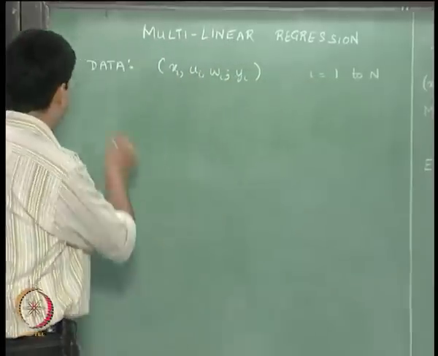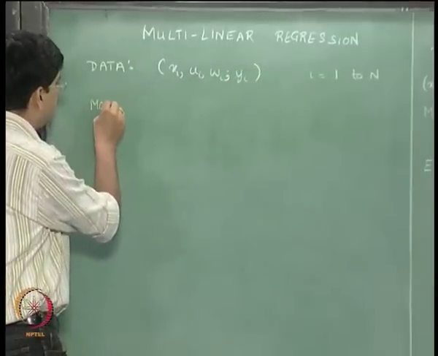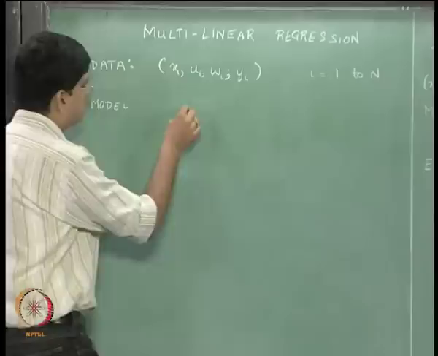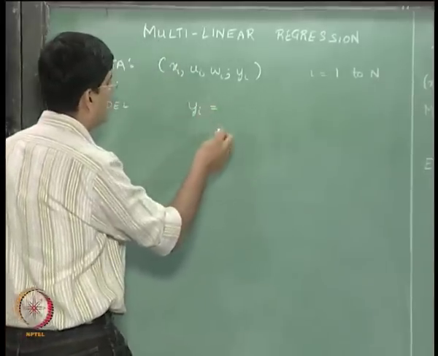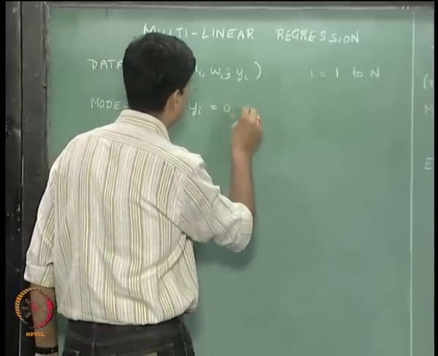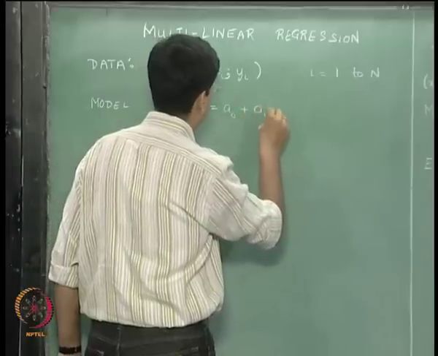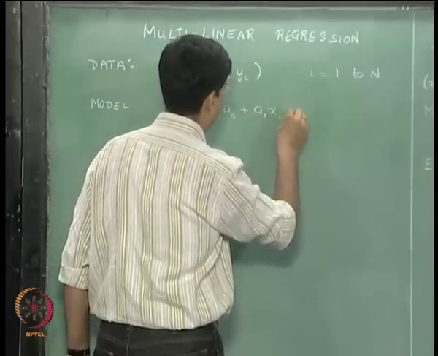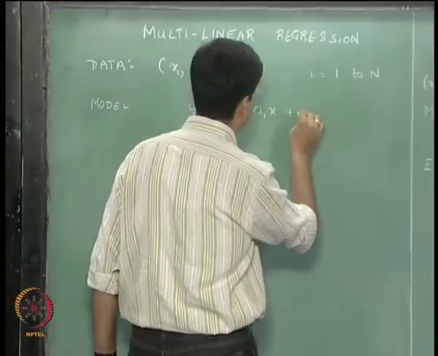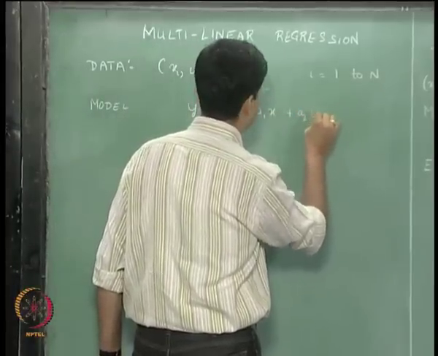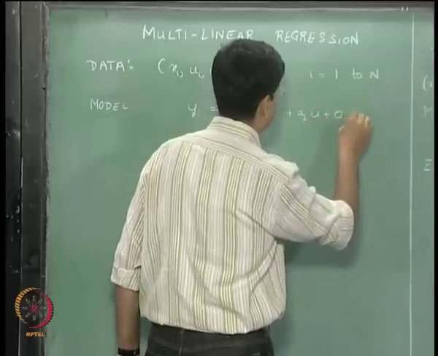The linear model that we are interested in obtaining is, sorry, the model is going to be y equal to a0 plus a1 x plus a2 u plus a3 w.